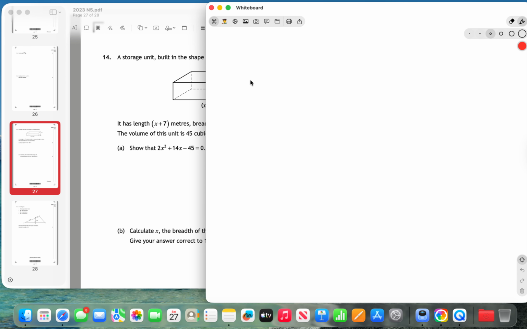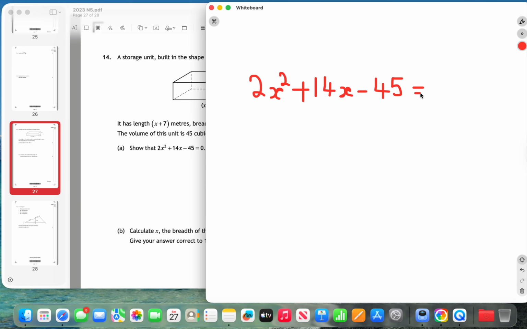So we're going to solve 2x squared plus 14x minus 45 equals 0. And you should know that we can write a quadratic equation in the form ax squared plus bx plus c equals 0.